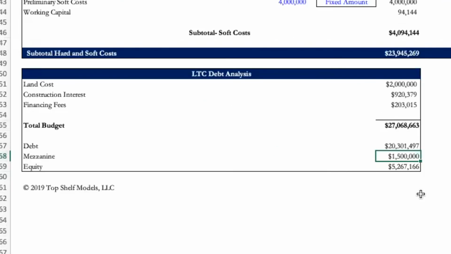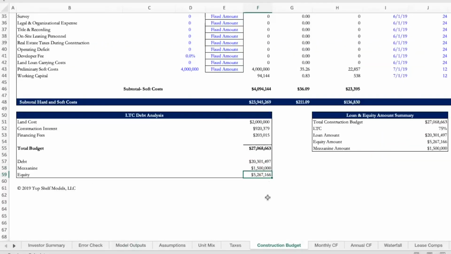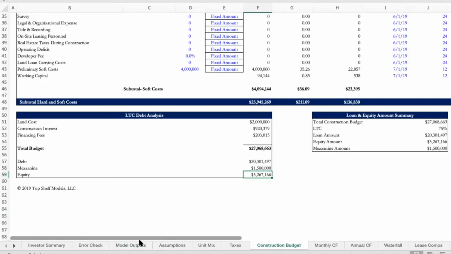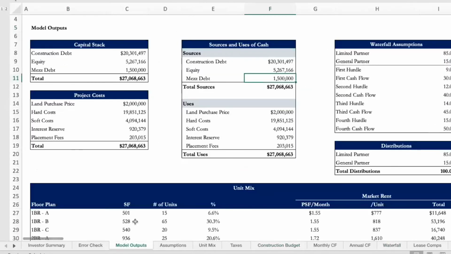In order to calculate the amount of equity capital that's needed, we simply subtract the amount of debt that we secured from the total budget requirements. And if we take information from the waterfall tab, the construction budget tab, and the model outputs tab, we can figure out that we have enough money to secure this project and have it continue successfully.